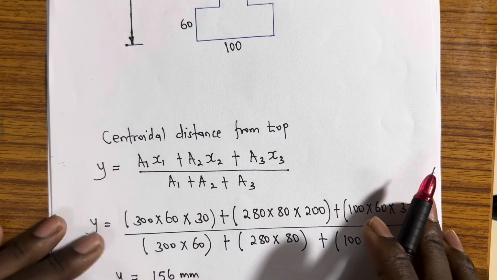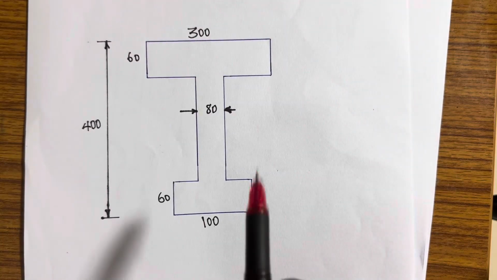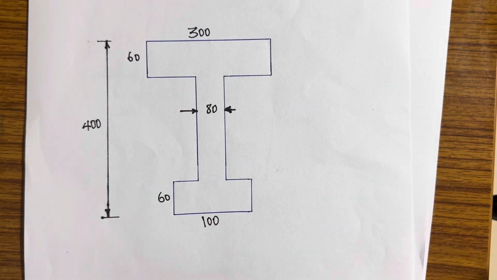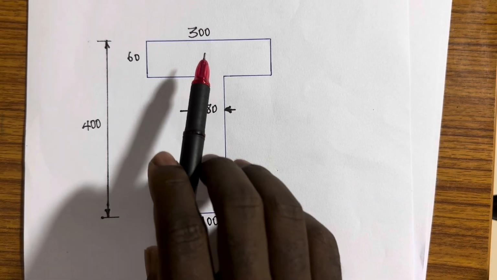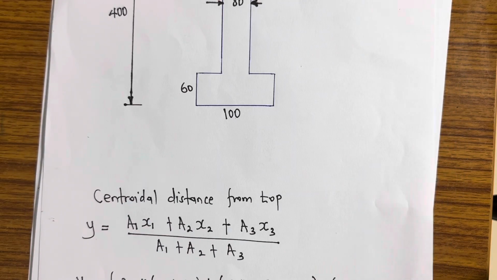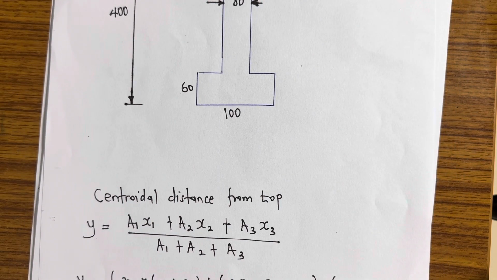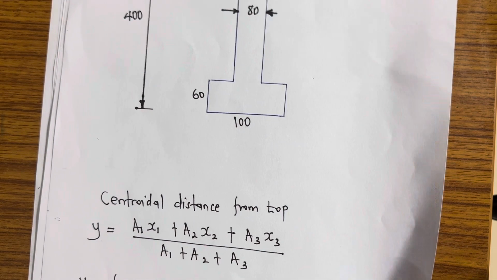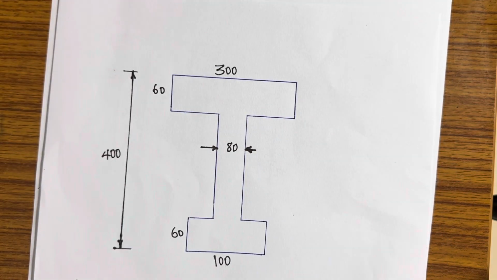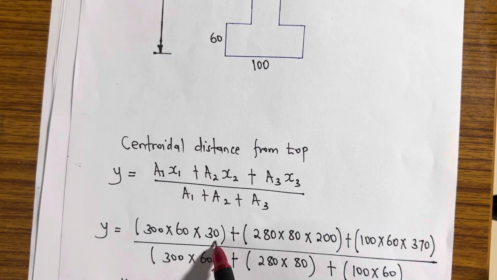So the area, I'm calling the upper figure, the top flange, as first area, A1. So the area of this one is 300 times 60. Then what I'm calling x1 is the centroid of that very figure, that top flange. You find that half of 60 is 30. That's why we are multiplying this by 30. So you do the same.